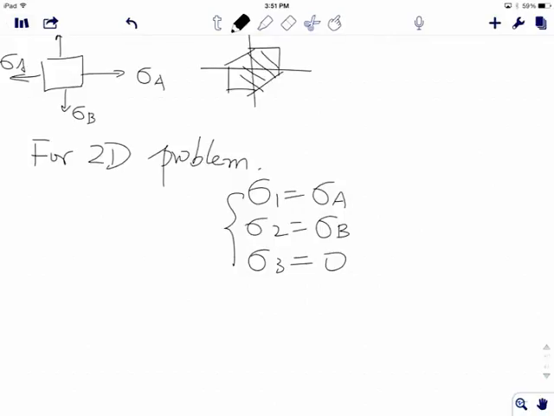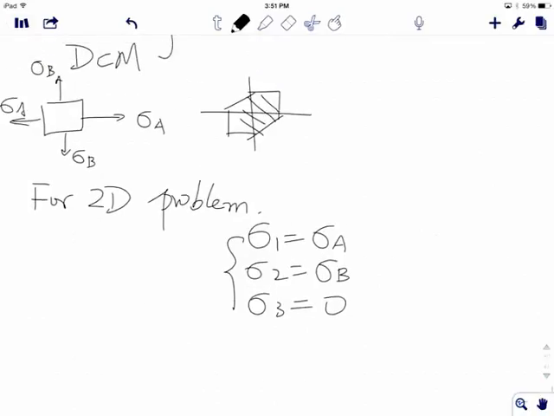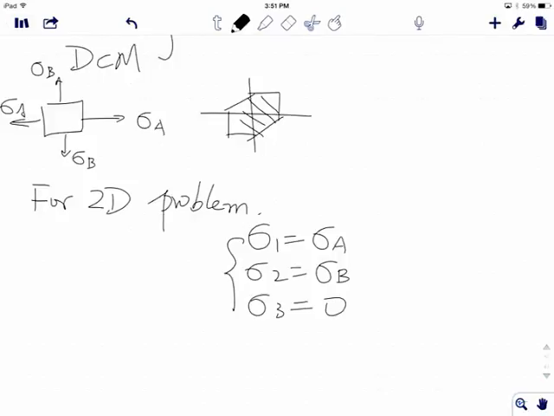Okay. All right, for 2D problem, why we want to look at 2D is because for maximum shear stress, we look at 2D problem, and we came up with this, right? So what we're trying to do now is we also look at 2D problem, and see how the distortion energy is going to show us, right?